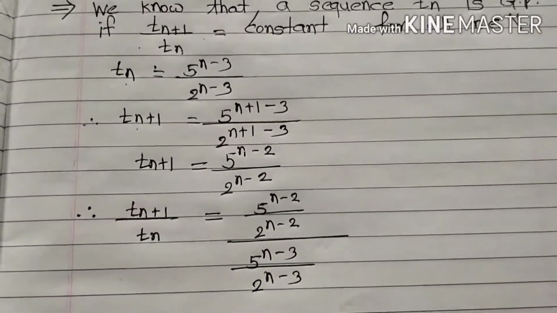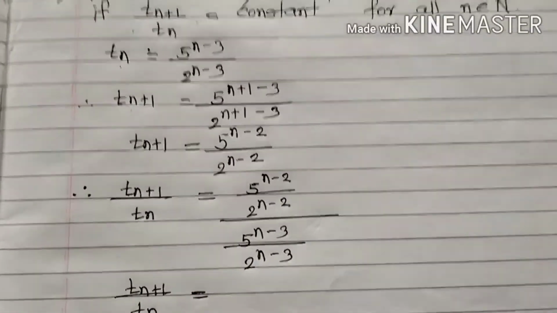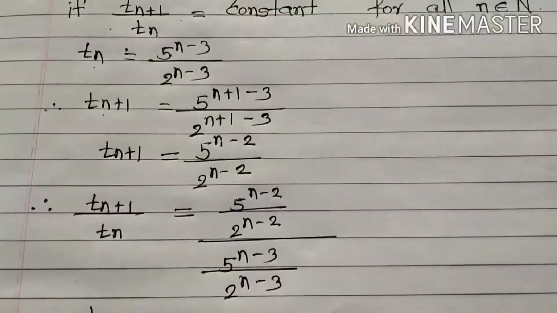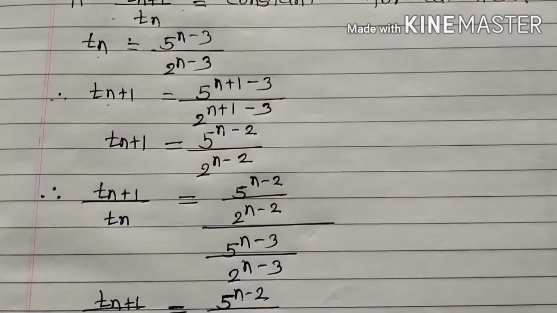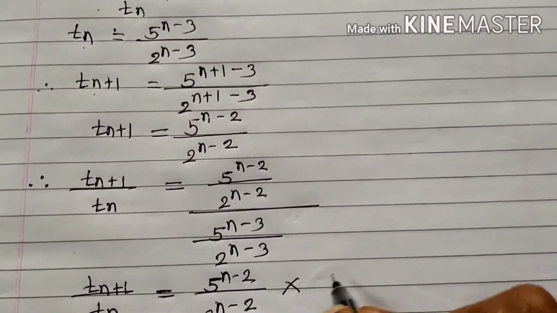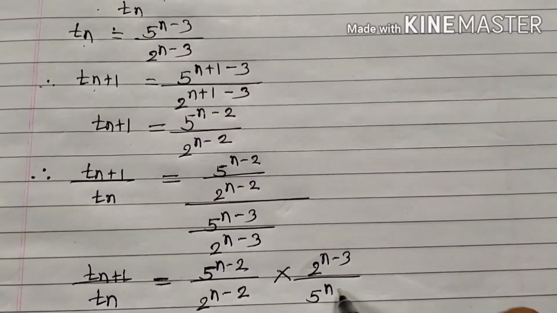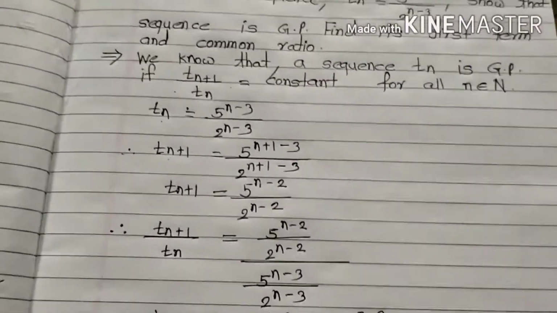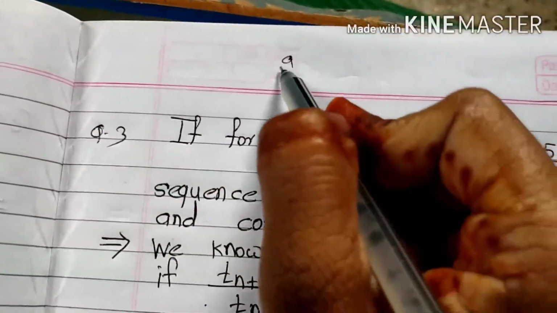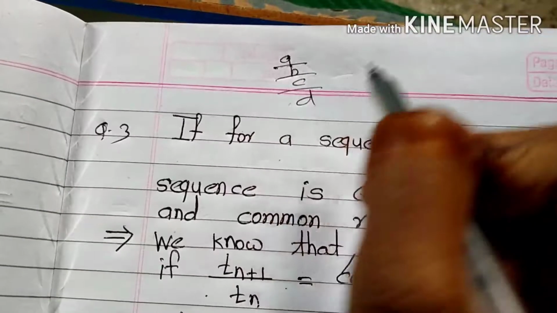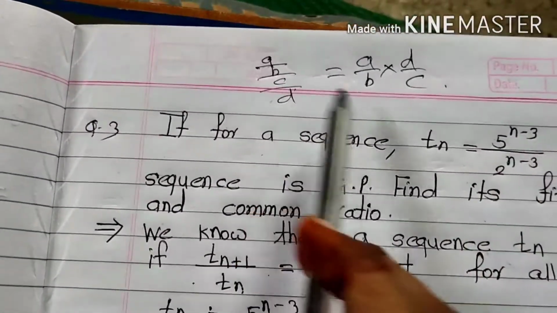Now you can interchange it: Tn plus 1 upon Tn is equal to 5 raised to n minus 2 upon 2 raised to n minus 2 into 2 raised to n minus 3 upon 5 raised to n minus 3. This is by the rule A upon B upon C upon D, which is equal to A upon B into D upon C. This rule is used here.